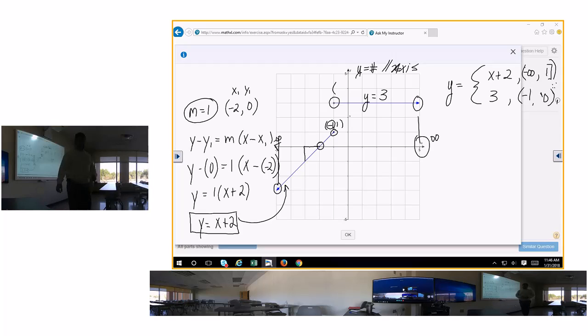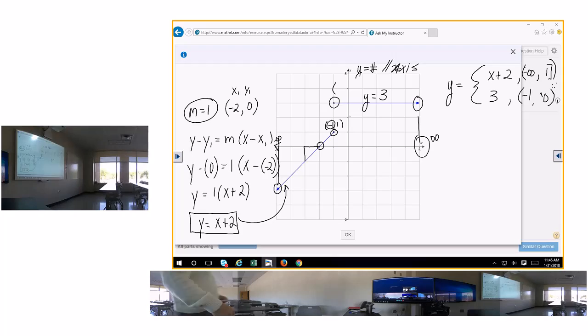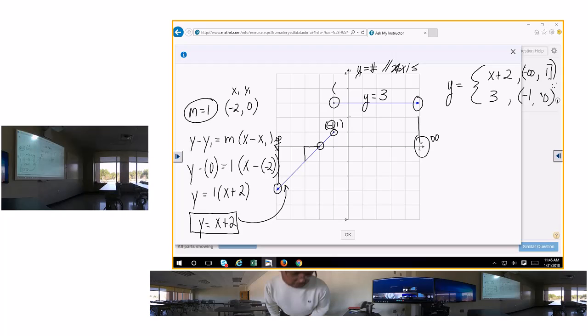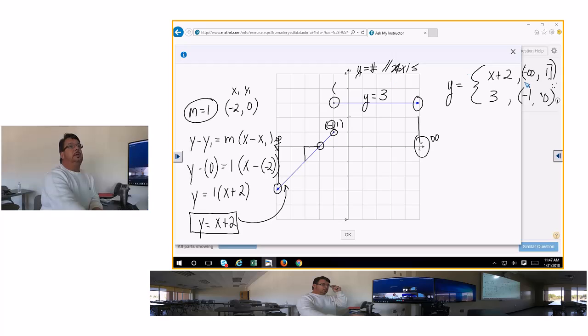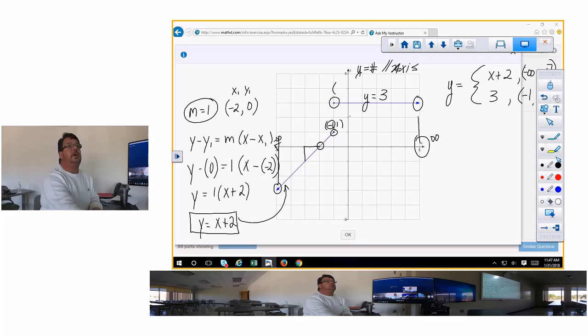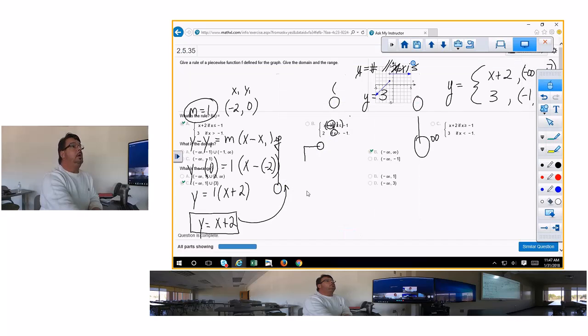Okay, let's see what else it asks. So let's see if we got that right. Okay, let me find my mouse. There we go. And x plus 2, and x is less than or equal to -1.